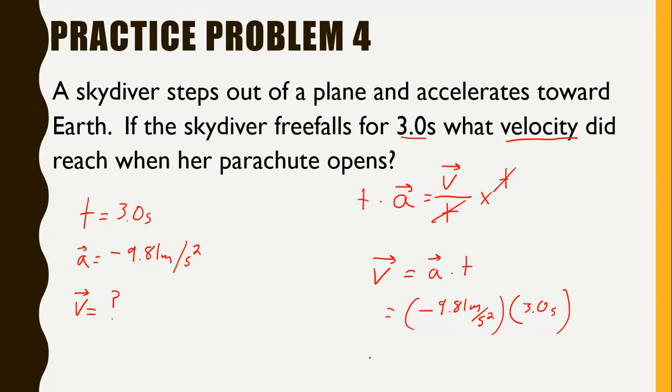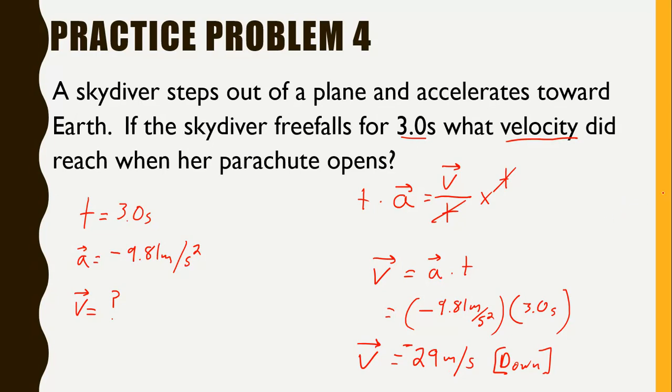And I end up with a final velocity after 3 seconds of 29 meters per second downwards. So I can either say it like this, or I could have written it as just negative 29 meters per second.